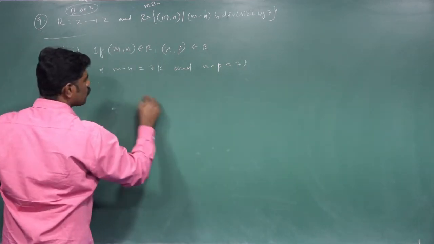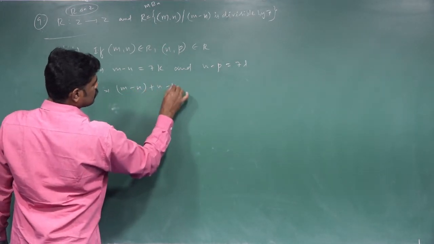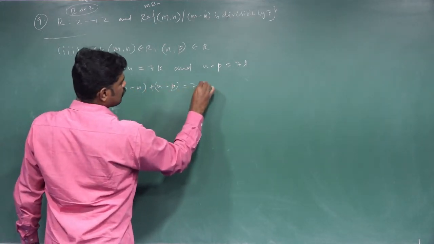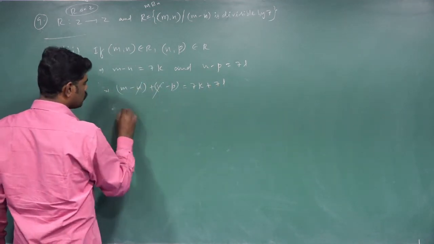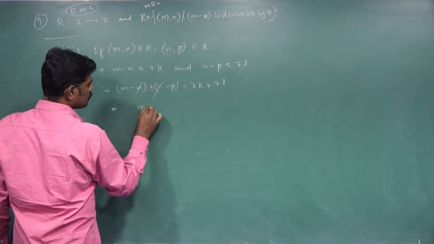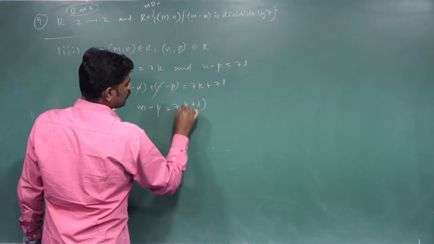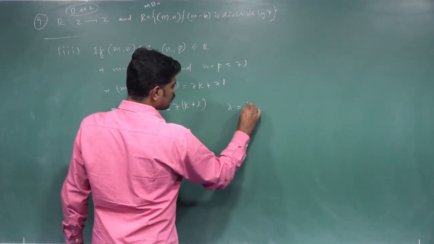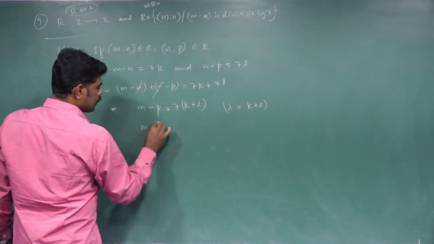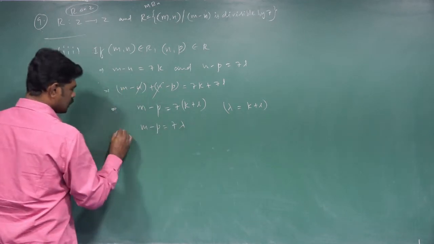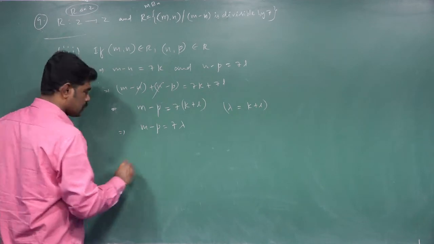Now add these two values. M minus N plus N minus P is equal to 7K plus 7L. N and N we can remove. This implies M minus P is equal to 7 into K plus L. Let us assume the value K plus L as another scalar lambda. M minus P is equal to 7 times lambda. This is also a multiple of 7, so it is also divisible by 7.